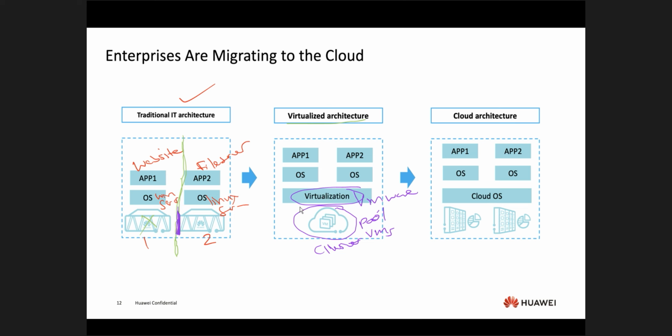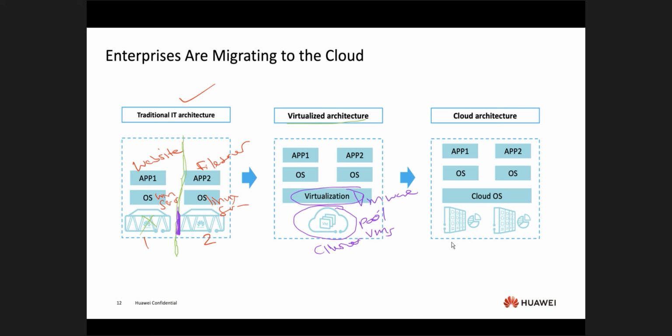Now you have the virtualization layer combining app 1 and app 2 to work together because they are on the same virtualization platform. Right, so that's why virtualization brought back this difference that we needed with regards to our traditional IT.